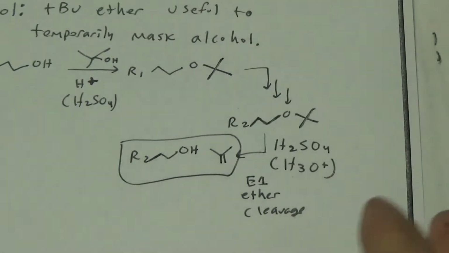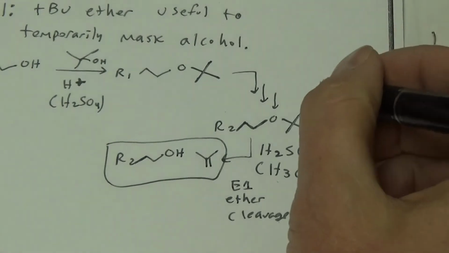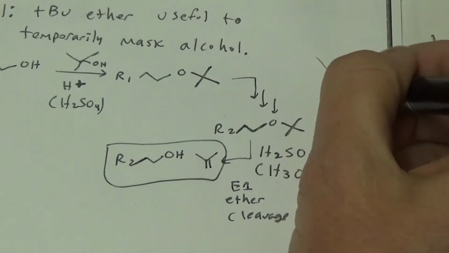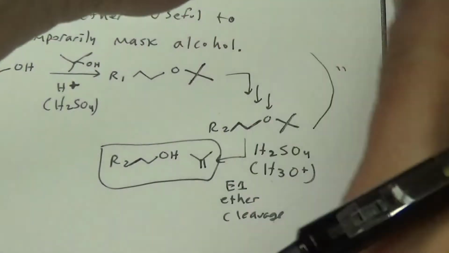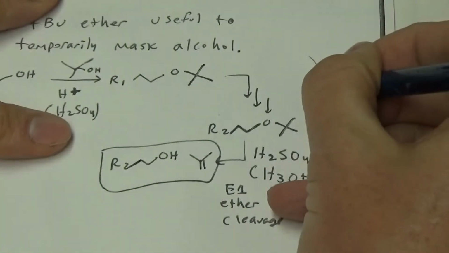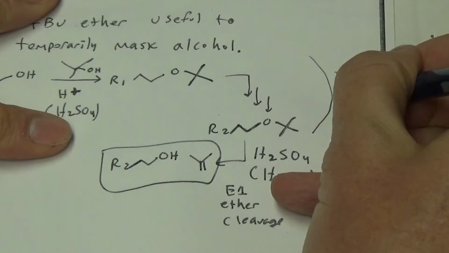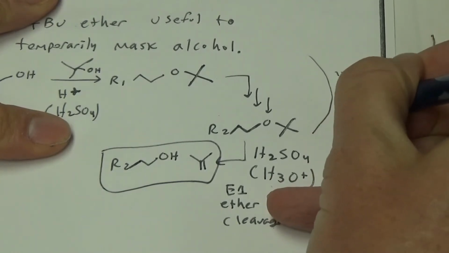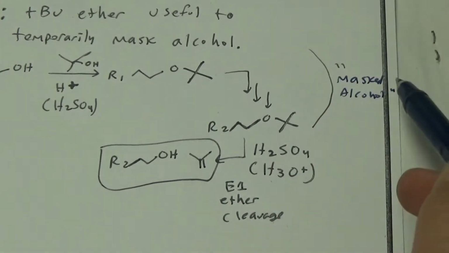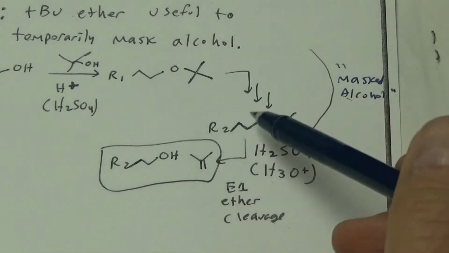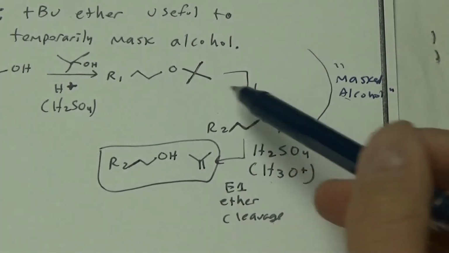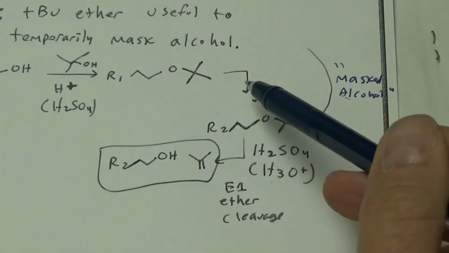And I'm going to go a step further and say this tert-butyl ether, I'm going to give it a name. I'm going to say it's a masked alcohol, because it's like a temporary state of an alcohol, right?